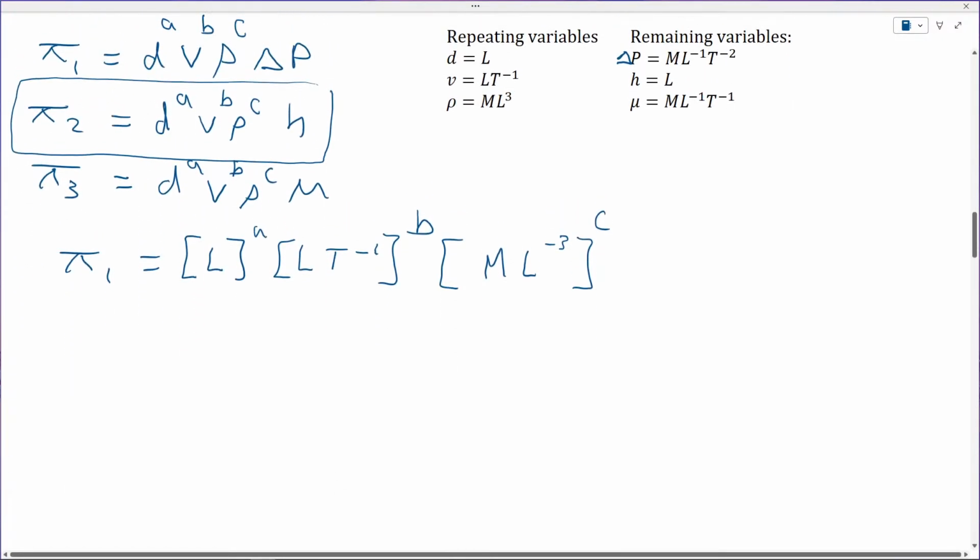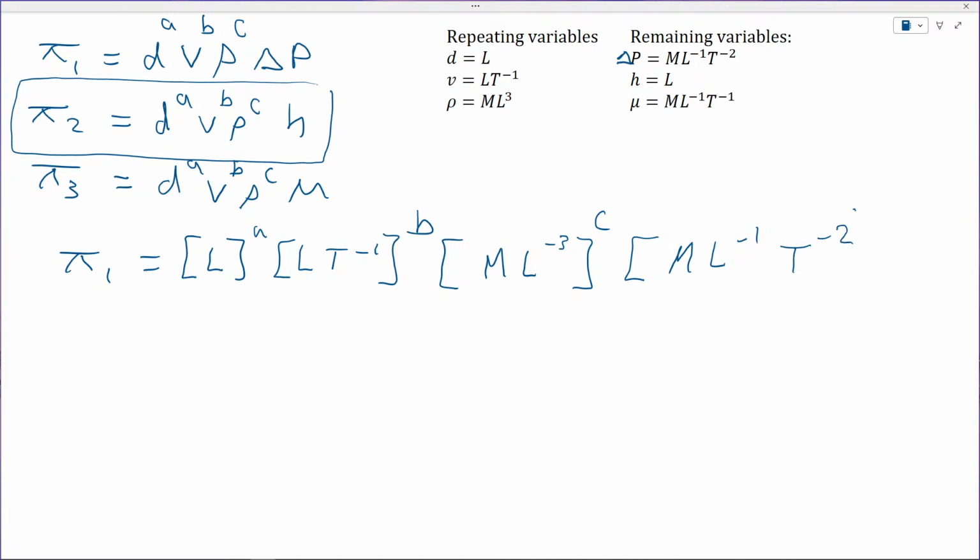So M L minus 1 T minus 2, because that's force over area. So we have something like this, and here we don't raise it to any power.